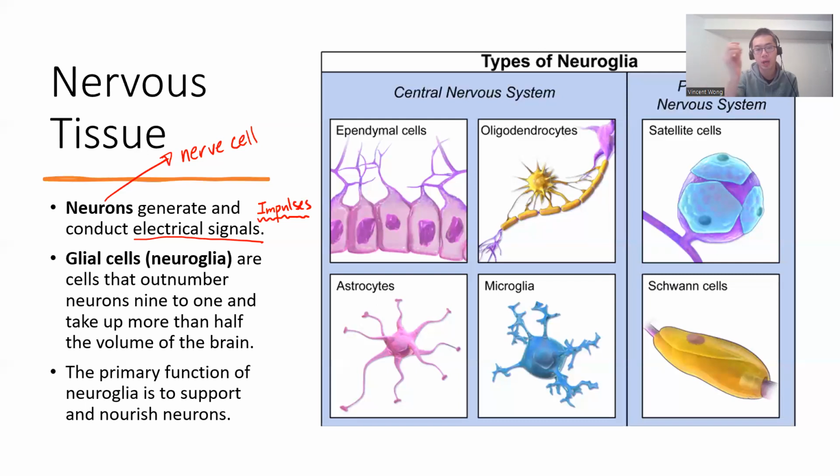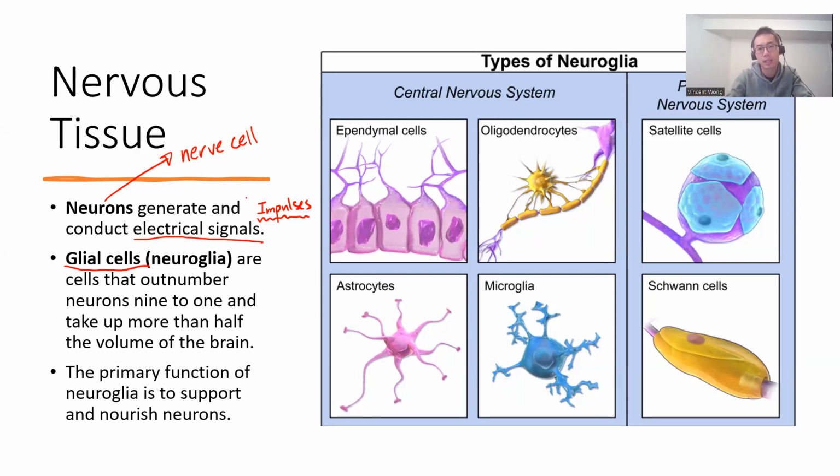Neurons are very precious, as you probably know. They don't divide, they don't undergo mitosis. If you lose a neuron, it doesn't come back. And so we want to protect them and support them as much as we can, which is what the glial cells are for. Glial cells are also known as neuroglia.